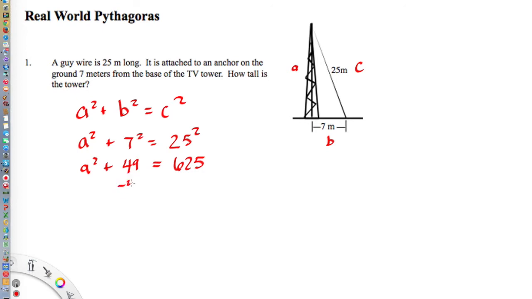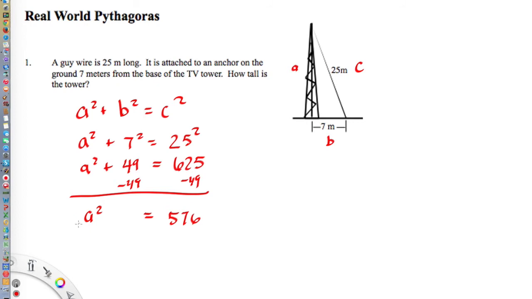Now we need to subtract 49 from both sides to isolate the variable. Once we use the Pythagorean theorem to set up an equation, once we have the equation, then we can solve our unknown length by isolating the variable. When I get A squared, my first inverse operation is to subtract 49 from both sides, so A squared is going to be equal to 576.